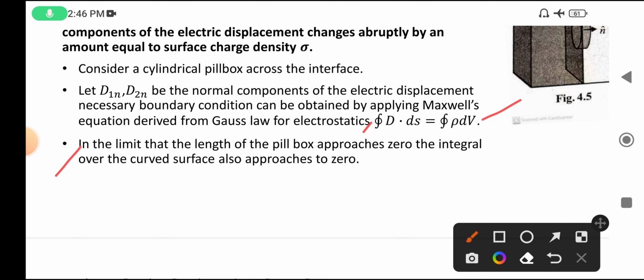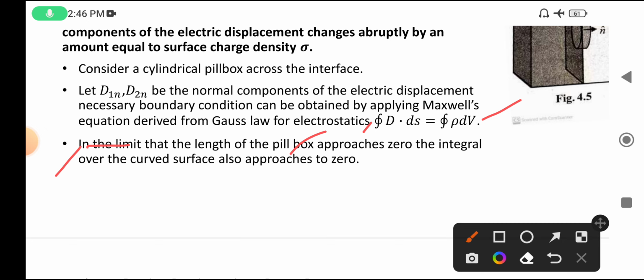In the limit that the length of the pill box approaches 0, the integral over the curved surface also approaches 0. Its meaning is this: limit means we have to compress the pill box. Suppose a pill box is like a tablet.